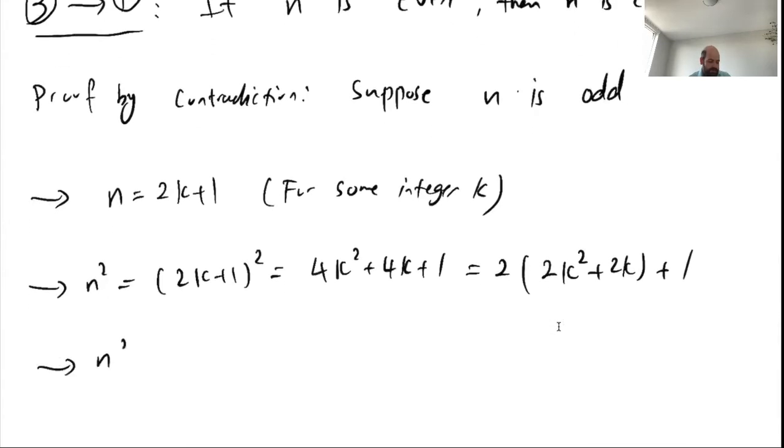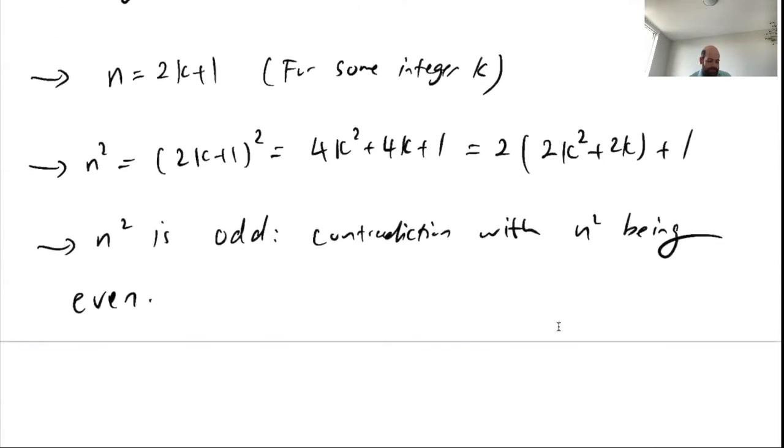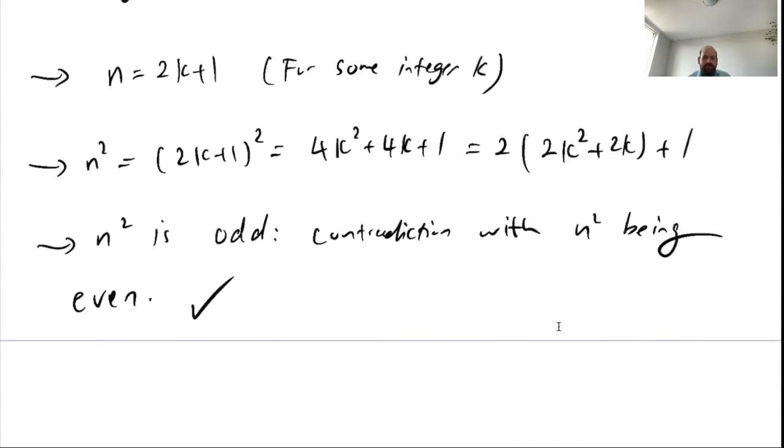That means n squared is odd, and this is a contradiction with n squared being even. So 3 to 1 is also done. We did 1 to 2, 2 to 3, 3 to 1, and that means all these 3 statements are equivalent with each other.